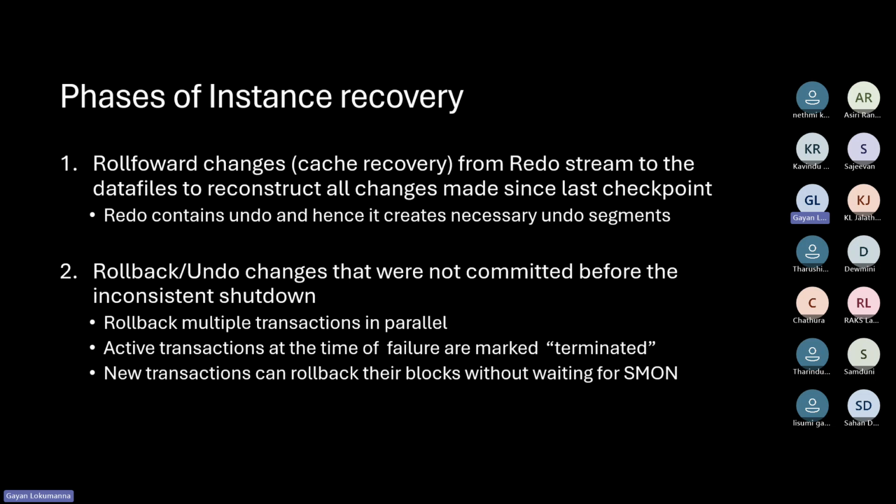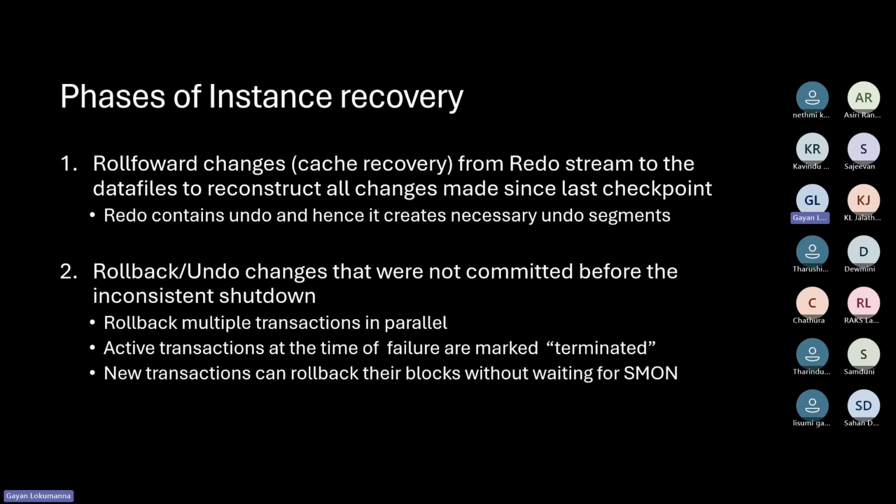Now, when you want to roll back, you need to have a before image of the block. So we know that during the roll forward phase, before images were already created and kept inside undo segments. From the undo segments, it will replace the changed blocks which were not committed.